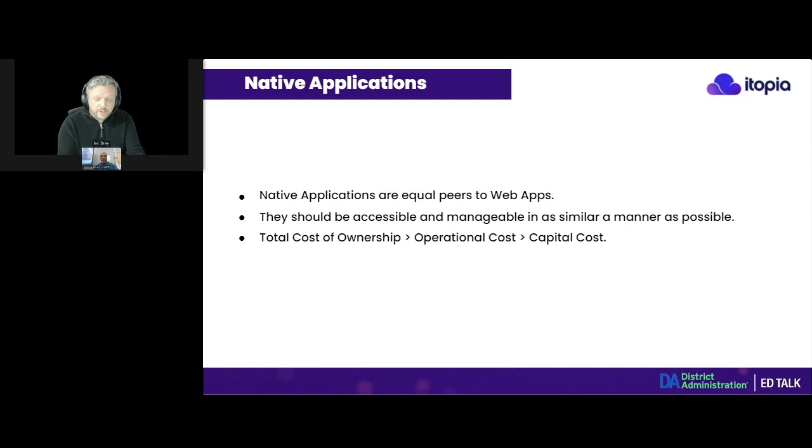One of the key factors to consider is the costs. Yes, there is a capital cost involved in buying Chromebooks, and yes, there is an operational cost, but the actual total cost of ownership is far lower when you're trying to do this at scale than trying to buy, manage or maintain a small infrastructure to deliver these very niche but very important applications.